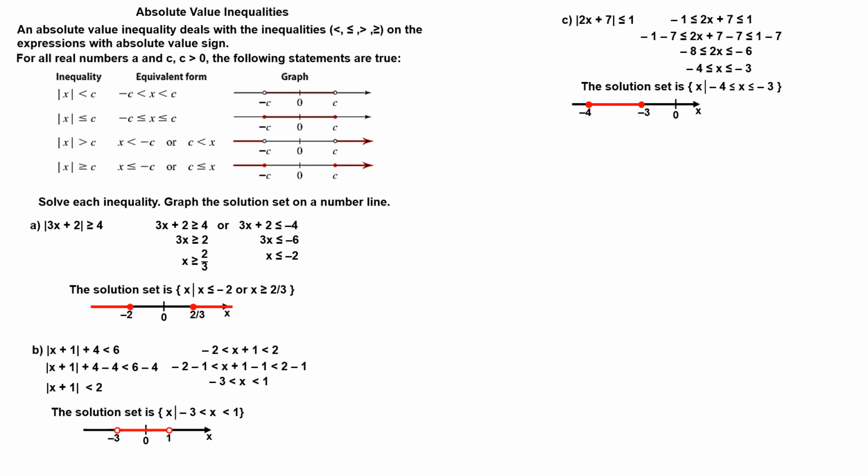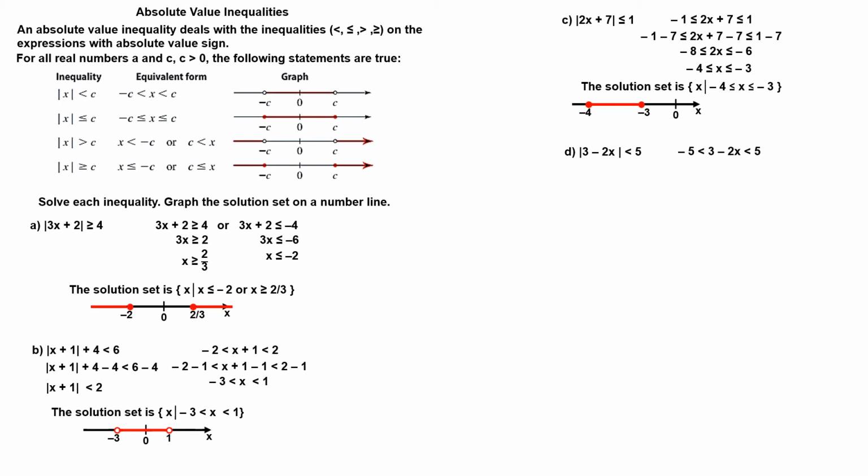Look at item D. Since our absolute value expression has a less than sign, we set up a three-part compound inequality as follows. We will need to be a little careful with solving the three-part compound inequality like this one. Pay attention.